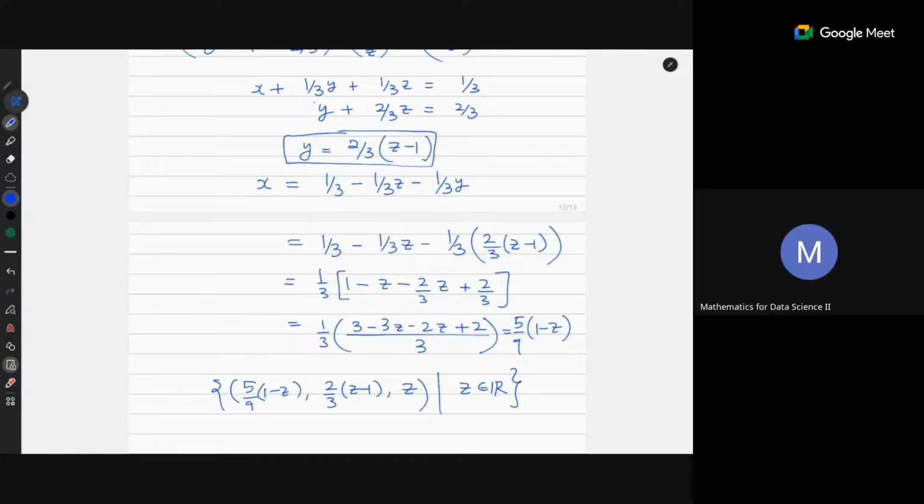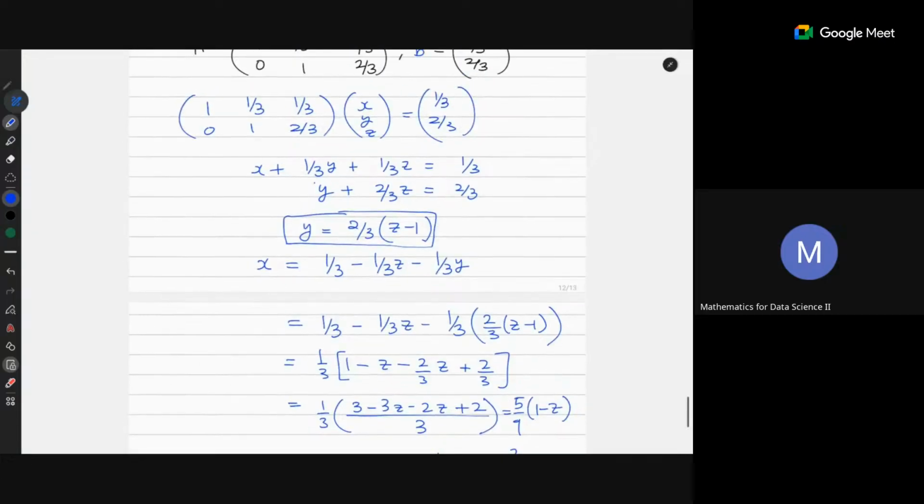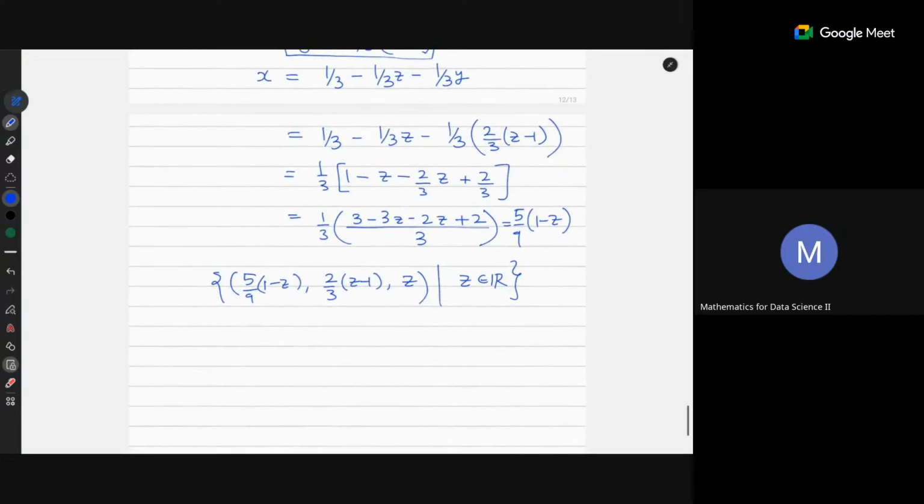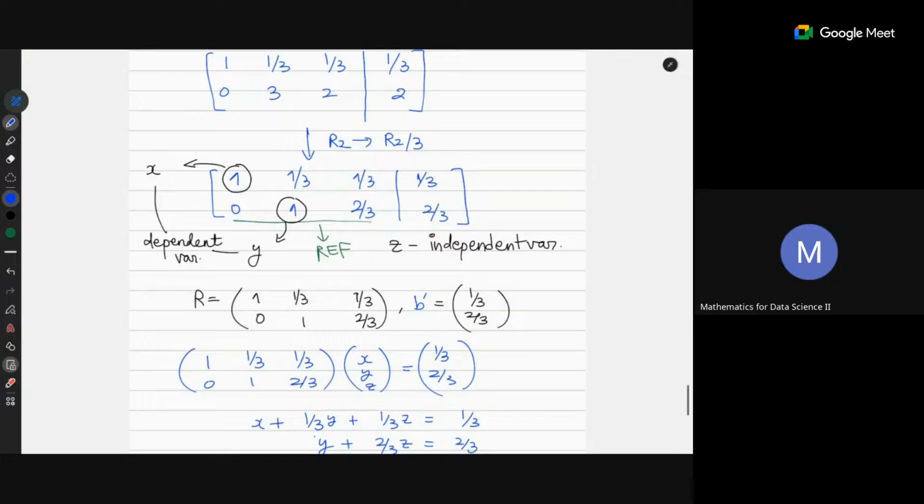These vectors will be the solution. So this is my solution set of the matrix. Okay. So this is how the REF form helped me to write down dependent variables in terms of the independent variables. All right.